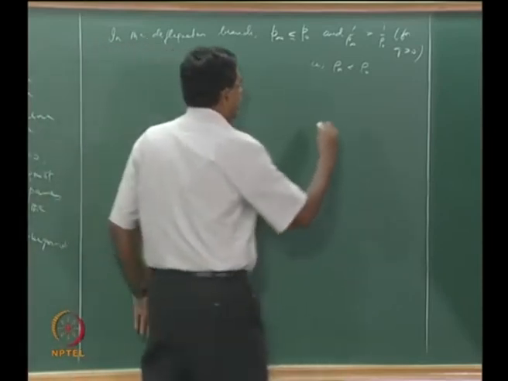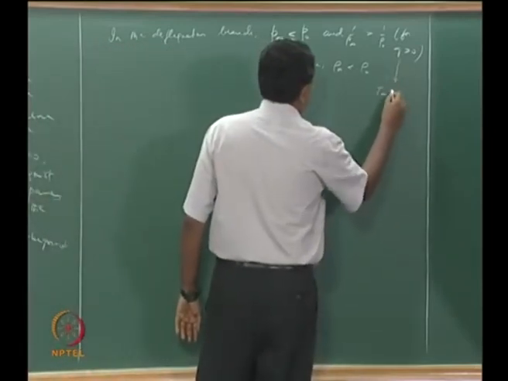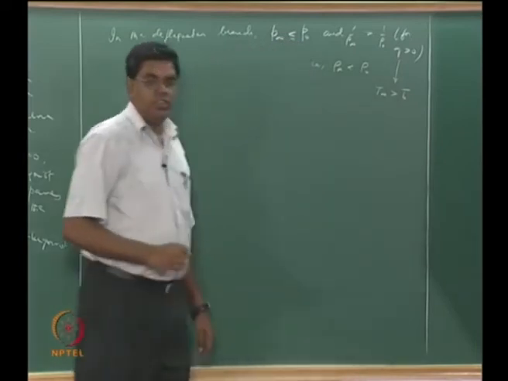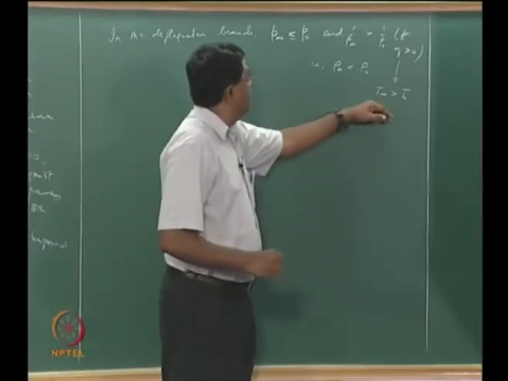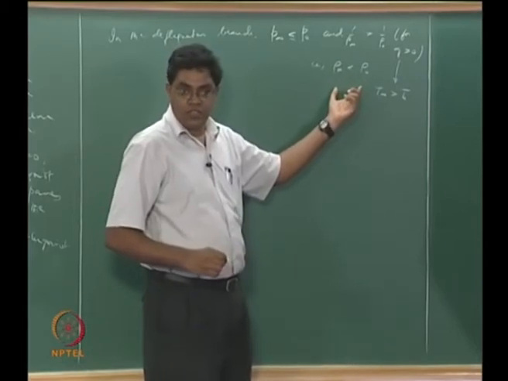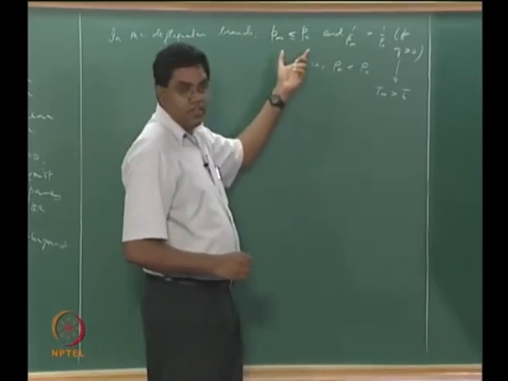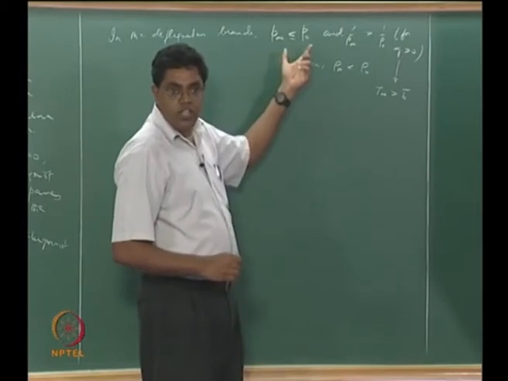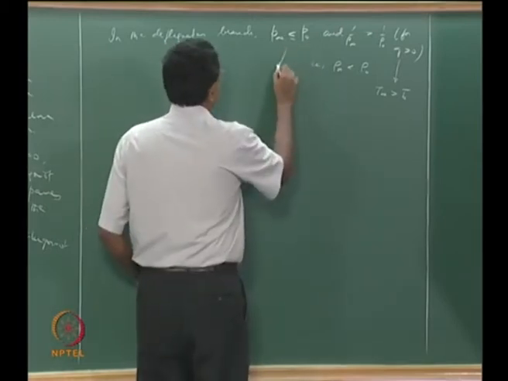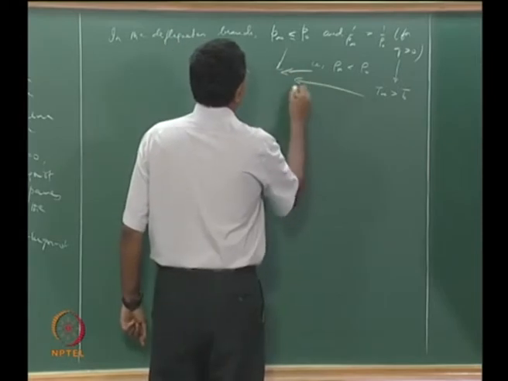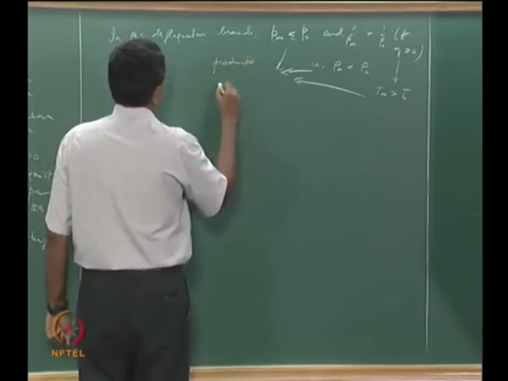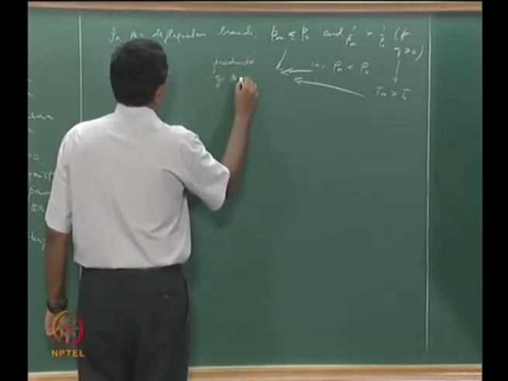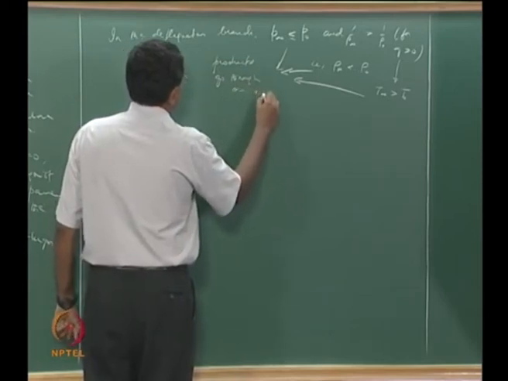For Q greater than 0 you always have T infinity greater than T naught. This is heat addition, so the temperature increases. With the temperature increasing, density decreasing is not news, but pressure decreasing, these two together indicate that the products go through an expansion.